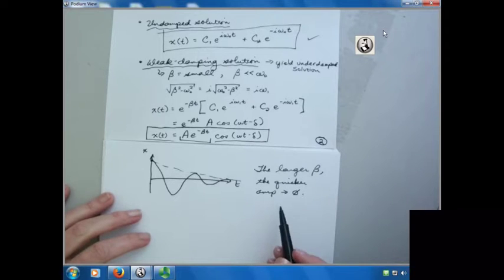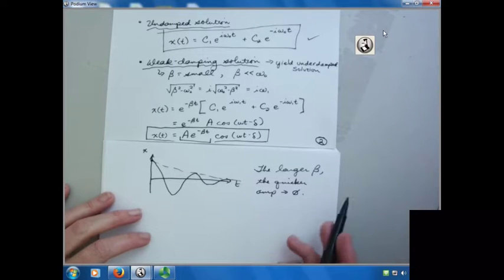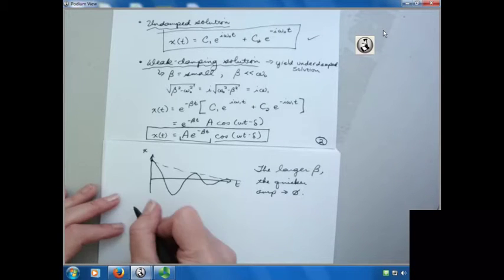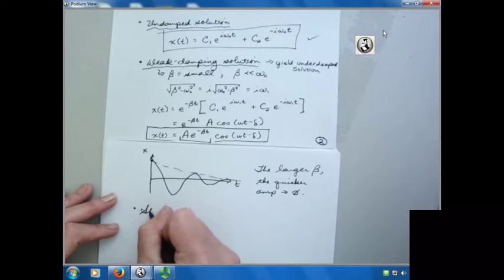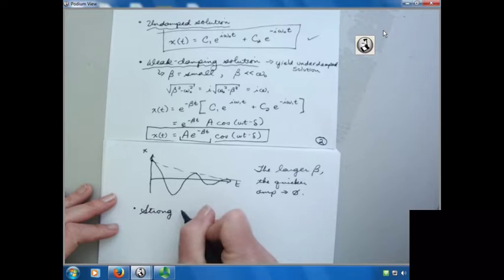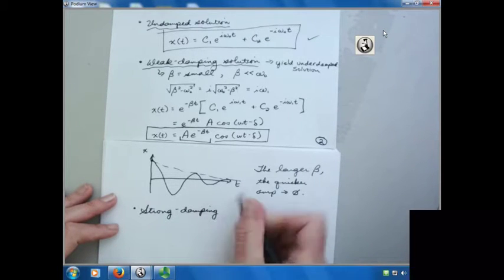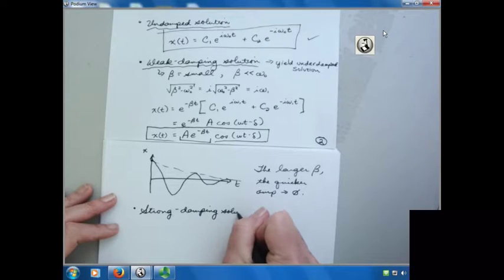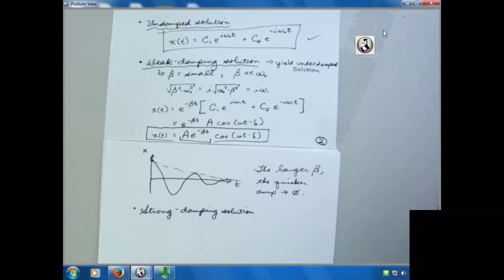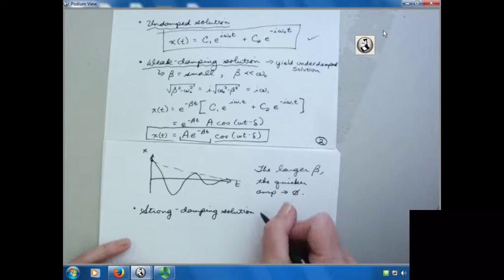Okay. So next, we talked about the weak damping solution. Let's talk about the strong damping solution. So this is going to yield the overdamped solution.